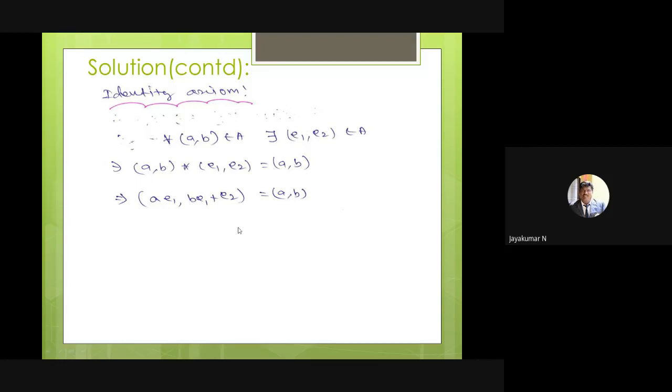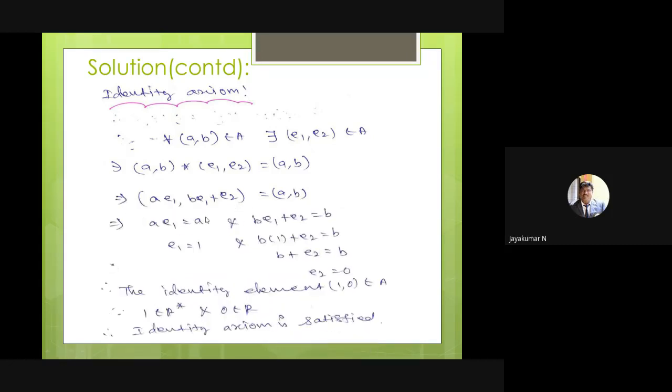Next step, let A, B belong to A and let E1, E2 be the identity element. Then consider (A, B) star (E1, E2), which is equal to (A, B). That is, A star E is equal to A. Applying the operation, the x coordinate with the x coordinate gives A E1, and the y coordinate gives B E1 plus E2, which equals (A, B).